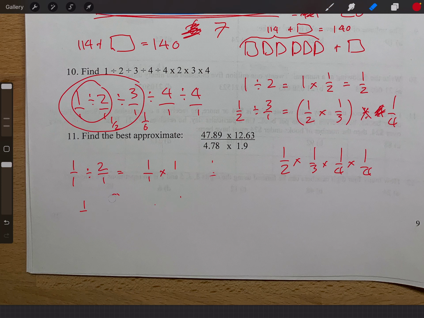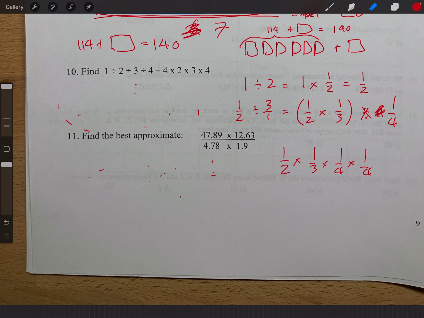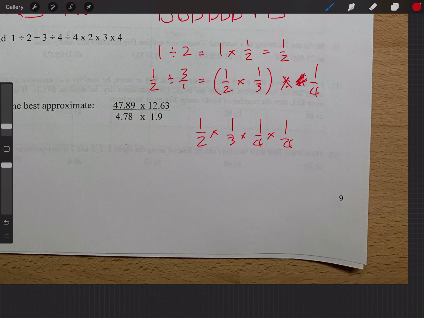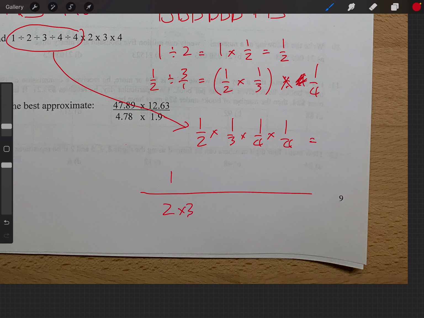Okay, so let me just rub this out. So that's all of that is that one there. Okay, so that's just 1 over 2 times 3 times 4 times 4.